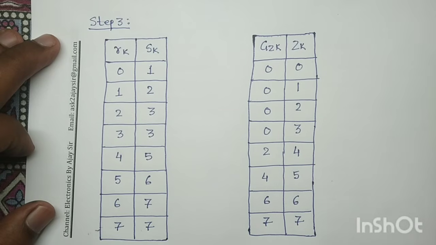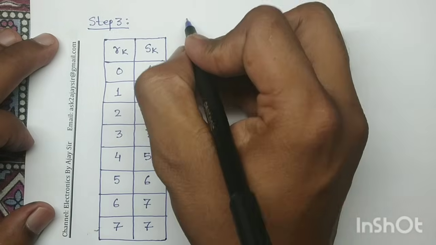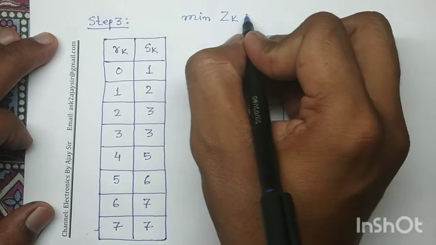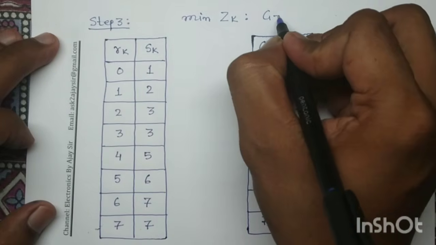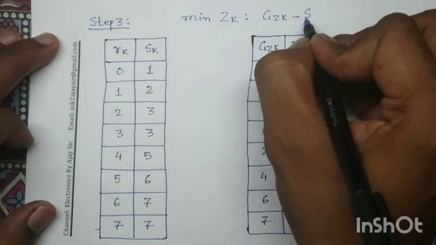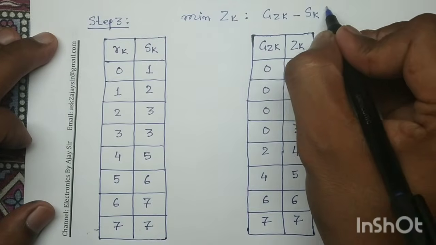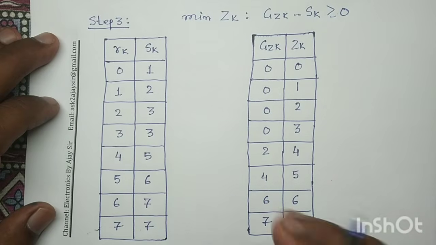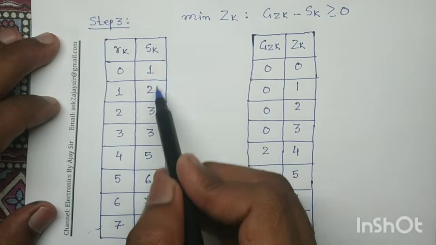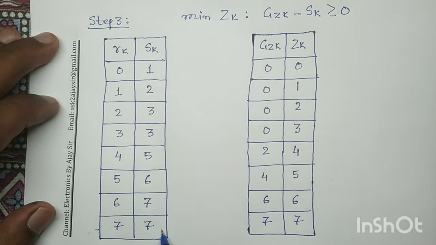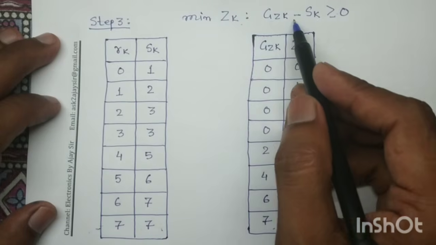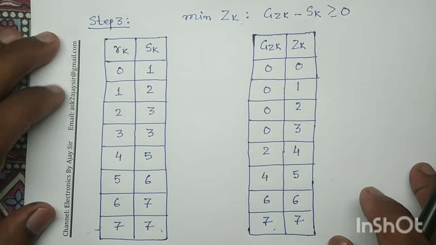For the mapping process, the necessary condition that we will follow is the minimum of ZK for which GZK minus SK must be greater than or equal to 0. So in the mapping process, we have to map each value of SK with its corresponding value of GZK, with the condition that the minimum of ZK, GZK minus SK must be greater than or equal to 0.